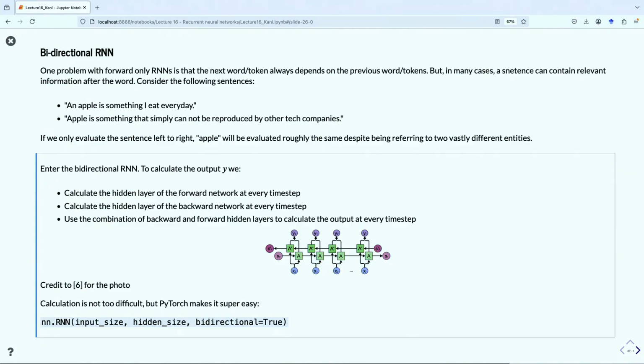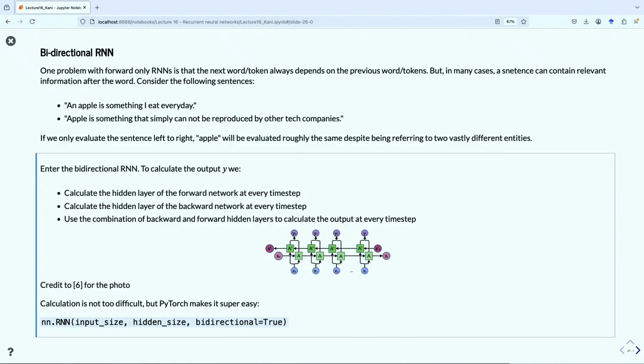Then, once you have the hidden states of both RNNs at every point of the input, you pass them both to a feed forward network that lets you get the output. That's the idea behind a bidirectional RNN.